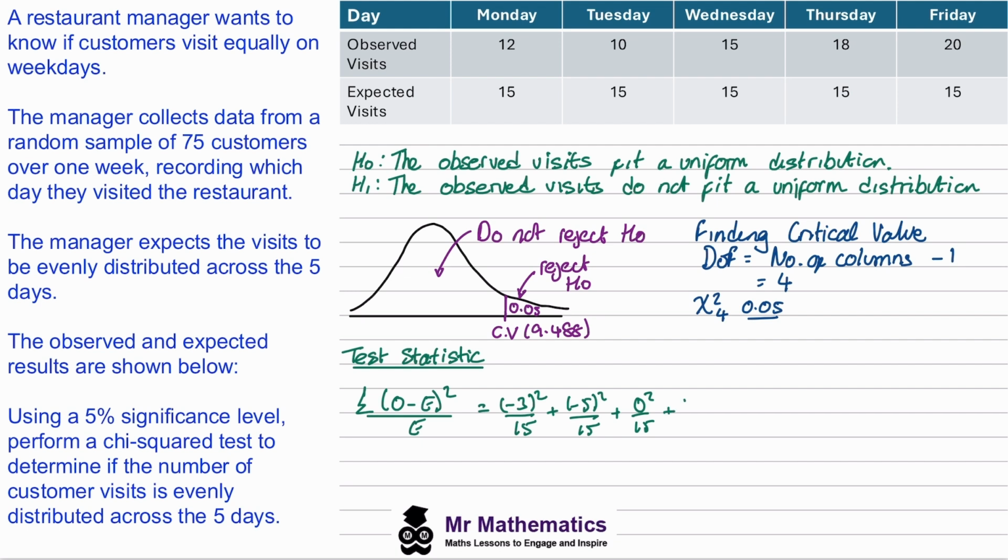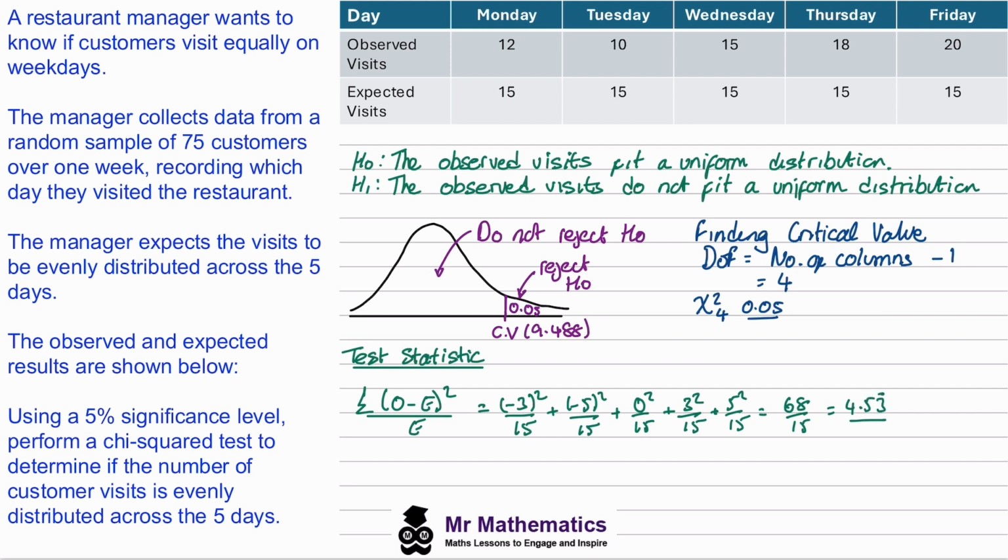So plus the 3 squared over 15. And then for Friday, the 20 take away 15 will give us 5 squared over 15. And now we need to add each of these together. And we get 68 over 15, which works out to be 4.53 recurring.